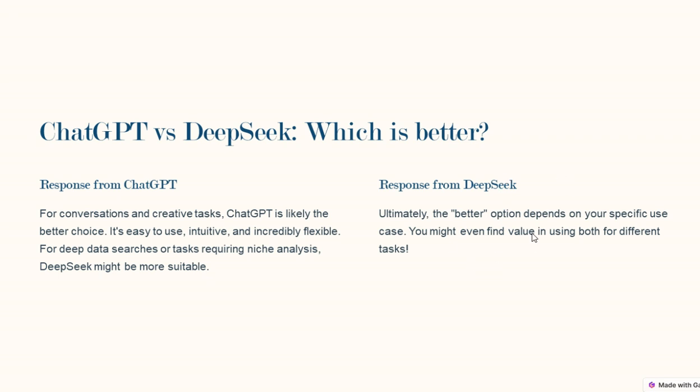And the response from DeepSeek is that ultimately the better option depends on your specific use case. You might even find value in using both for different tasks. So with this, I would like to conclude that both are very competitive, and let's see how both ChatGPT and DeepSeek work in the future.